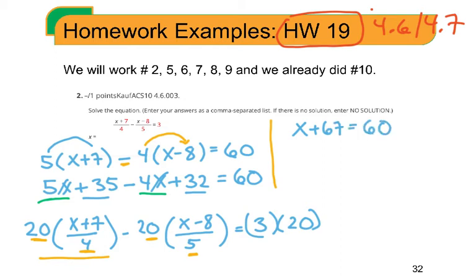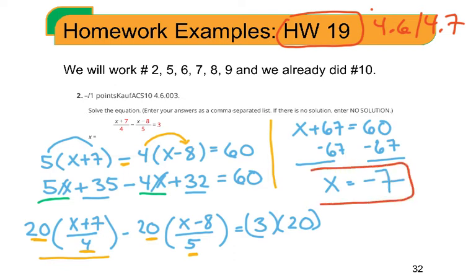Okay, so now I just need to subtract this from both sides, and we will have our answer. I'll get x equals negative 7, and that is my answer. So, hope that one wasn't too bad.